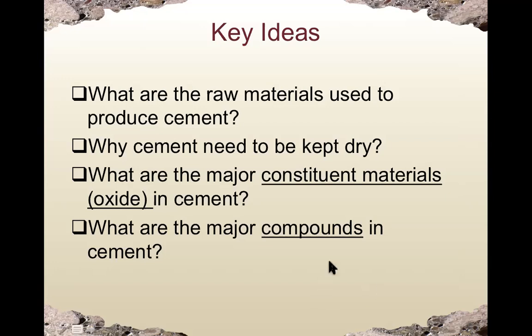And what are the major compounds in cement? C3S, C2S, C3A, C4AF, plus the gypsum. So these are the 5 major compounds in Portland cement.